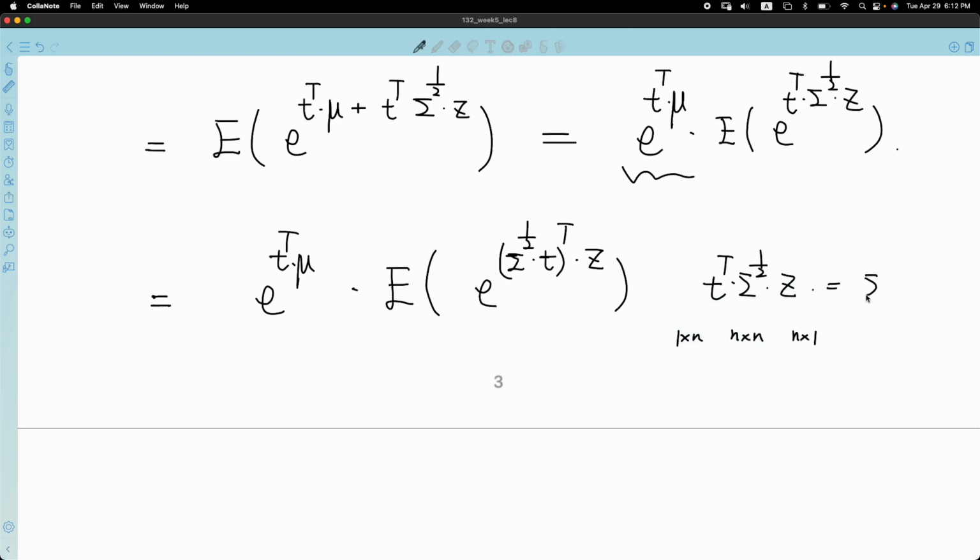I group sigma 1/2 multiplied by t, group these two together, transpose, multiplied by z. Now if you look at that, here you have an n by n and an n by 1. So the thing inside the parenthesis is n by 1. After you take a transpose, you will have 1 by n.